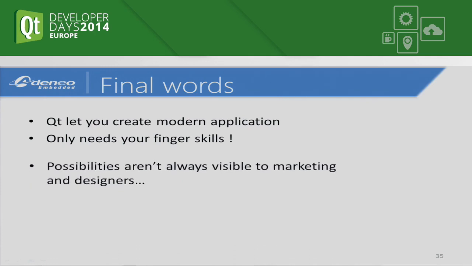The thing is, depending on your company, possibilities are not always visible to people from marketing or people doing the design. So I would say, enlighten them, tell them what's possible to do with Qt, and then enjoy all this on the target, do animations, do touch gestures, use sensors, and have fun, and have a very modern feeling application. And more or less, that's all.